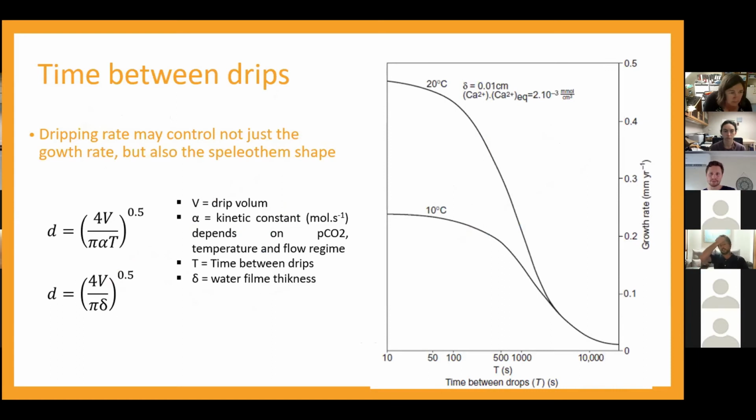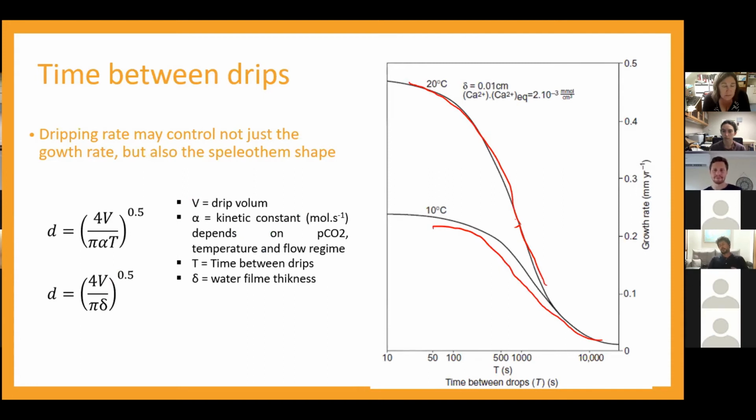Also, another aspect that could drive growth, so we have calcium, CO2, temperature, is dripping rate. In the sense that if you have a fast dripping rate, we have more solution supply, and we can precipitate more calcite. And we also have a theoretical formulation for a relationship between water supply or dripping rate and precipitation of calcite, which of course will yield different curves as a function of temperature.